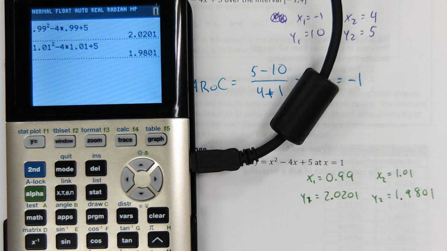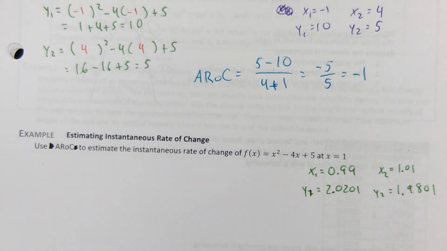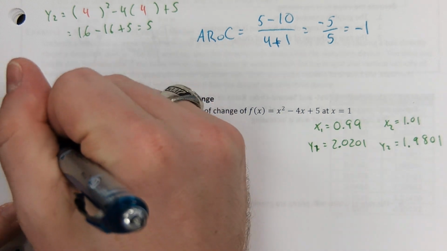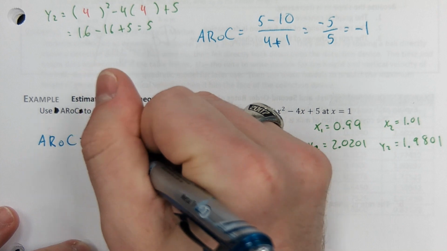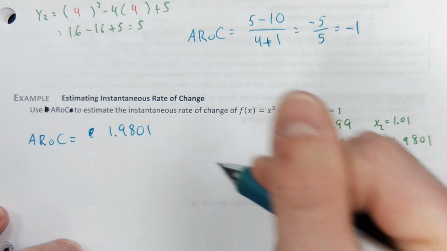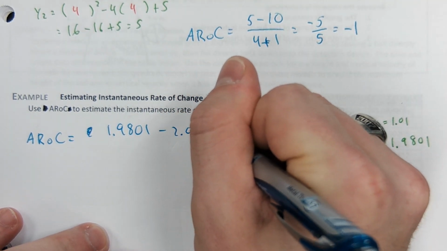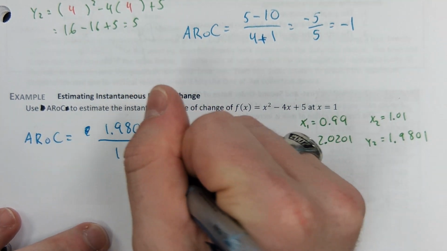Now that I have my 2 xy pairs, I can find the average rate of change between those 2 x's, which is literally just the slope between these 2 xy pairs. y2 I have is 1.9801. y2 minus y1, 2.0201, over x2 minus x1.